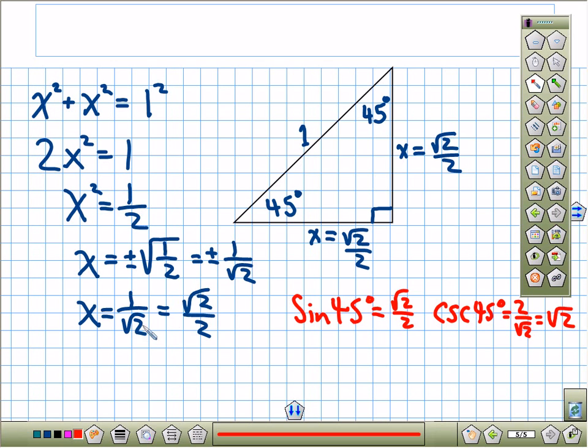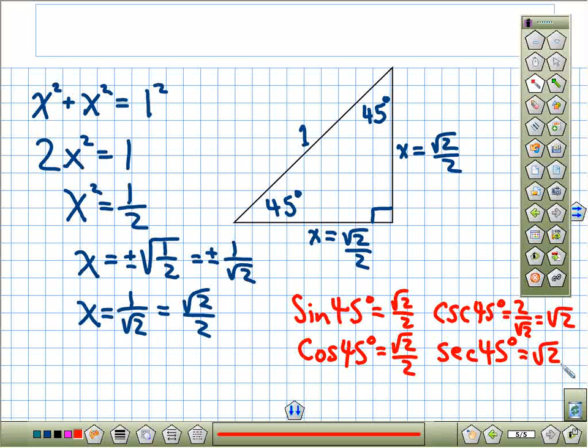Okay, what about this? What about cosine of 45? What about this one? What is the cosine? Yeah, square root of 2 over 2. And likewise, the secant, by the same old little game we played earlier, must be the square root of 2. See, these 45-degree angles are kind of easy to work with.